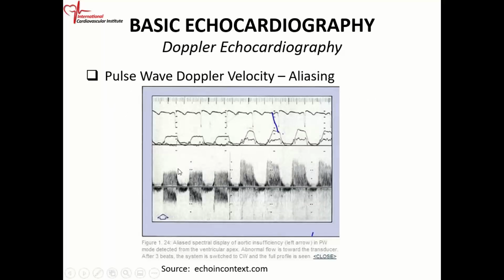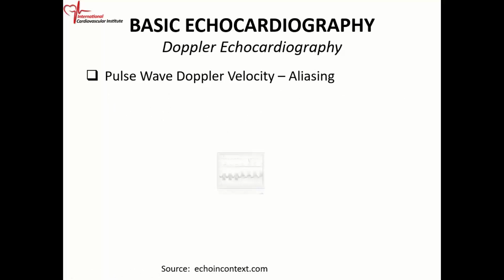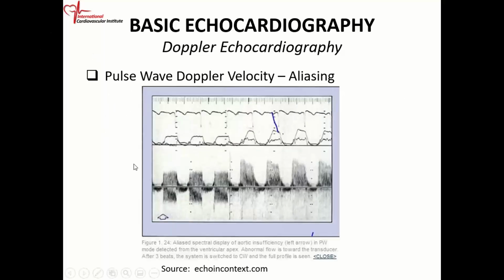And this is what I'm talking about. So aliasing is represented on the spectral trace as a cutoff of a given velocity. So it's going to get to that maximum 1.5, 2 meters, and it's going to cut it off. So this is what I mean.